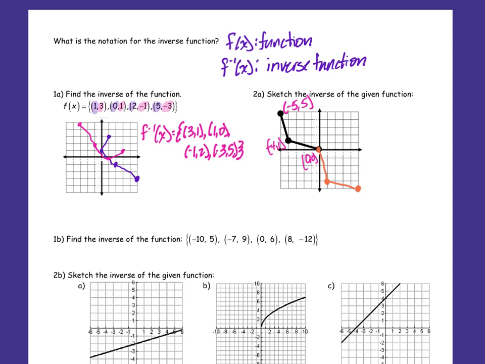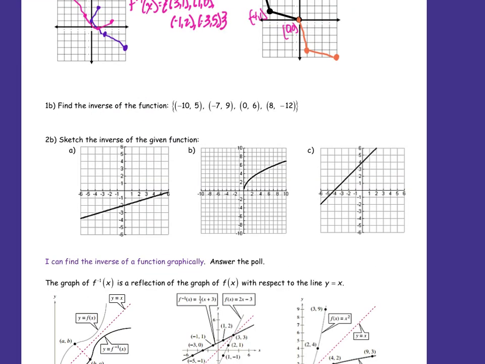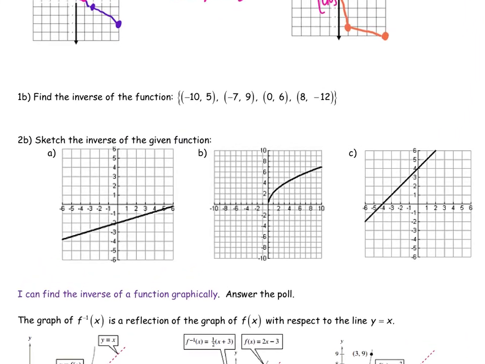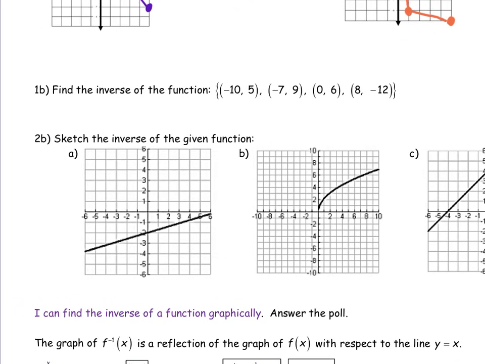Okay? Any questions on how I find the inverse if I'm given a graph or a set of points? Because you guys are going to try it now. Okay, so I can go over this now. I'm going to make it bigger so it'll be easier for me to do.